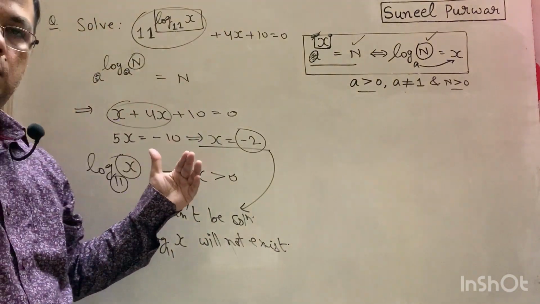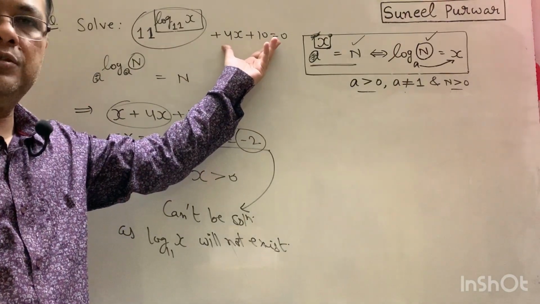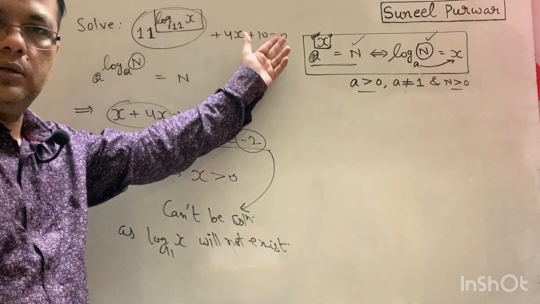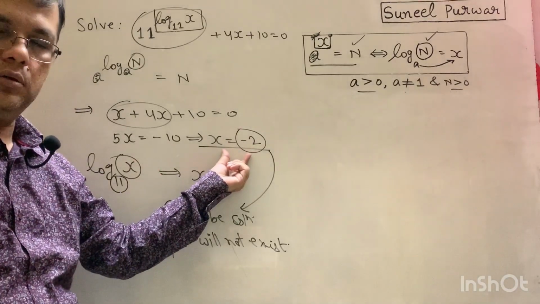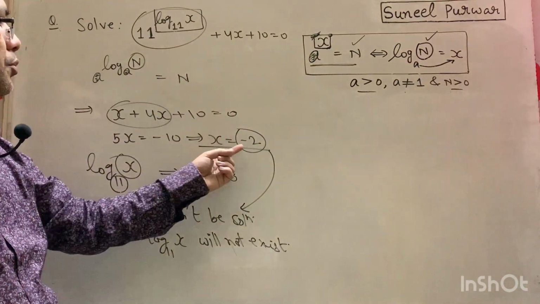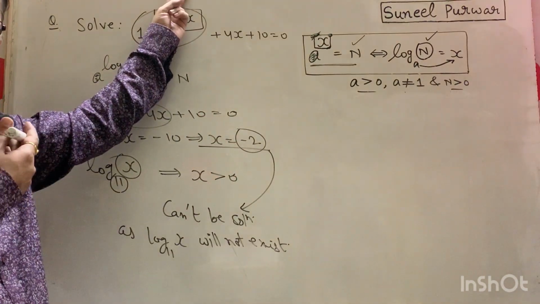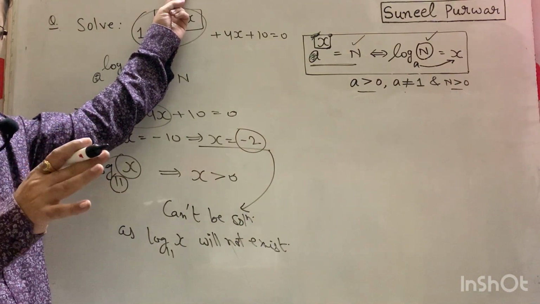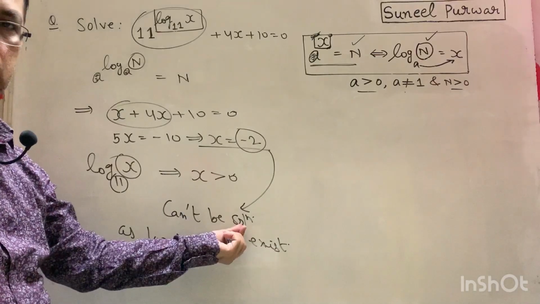So solving this question means you find the x value which satisfies the equation. You solved it and got x equal to minus 2. But x equal to minus 2 does not satisfy the equation, because on putting x equal to minus 2, this log value is undefined. So x equal to minus 2 can't be a solution.